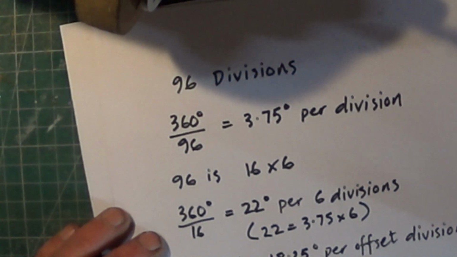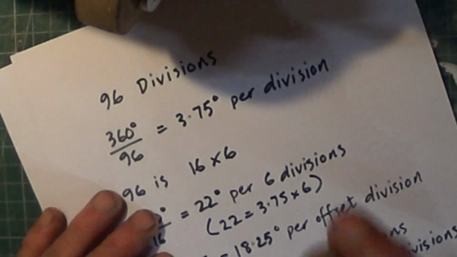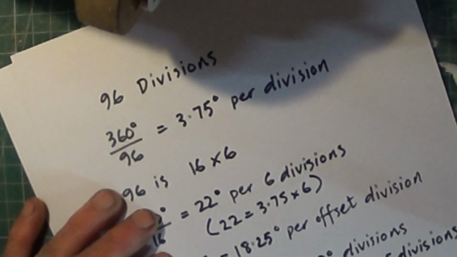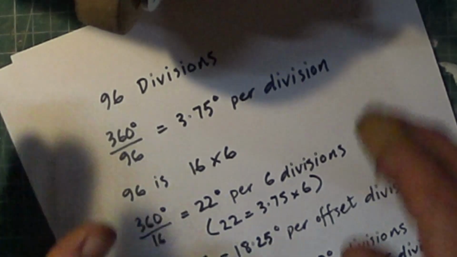Right, the fixed plate divisions are 22.5 minus 3.75, 18.75 degrees. So I need a main plate with 16 22.5 degree divisions and an offset plate with 6 18.75 degree divisions, which is exactly what I've got here.